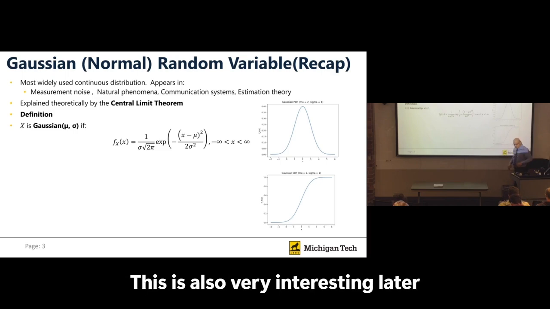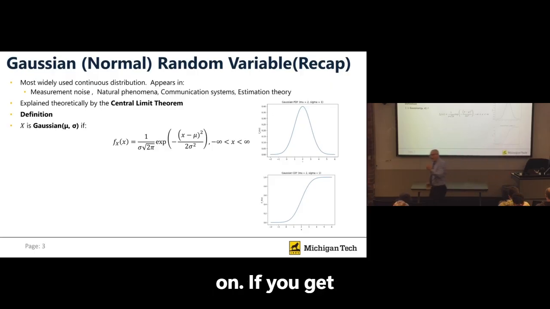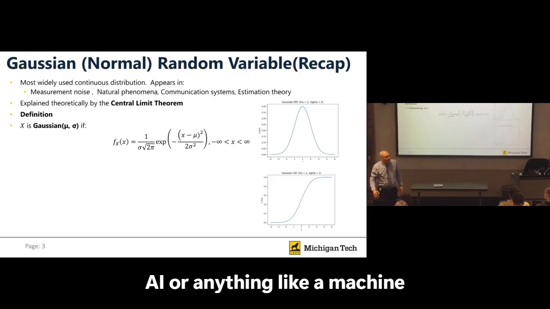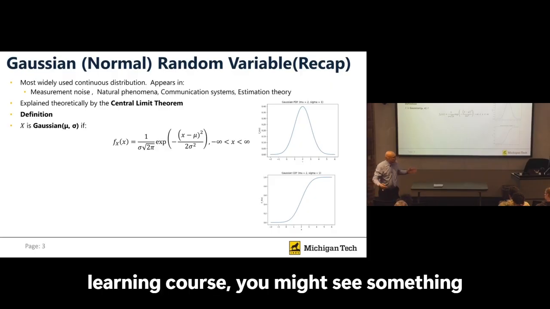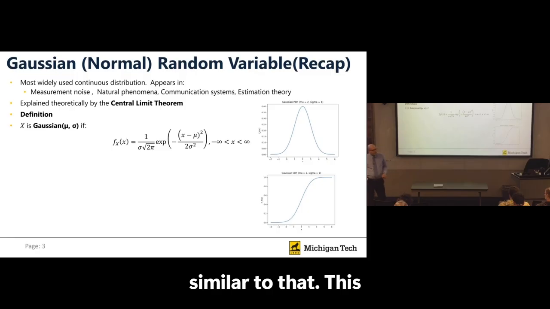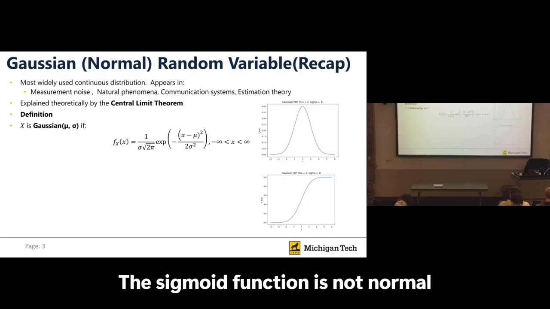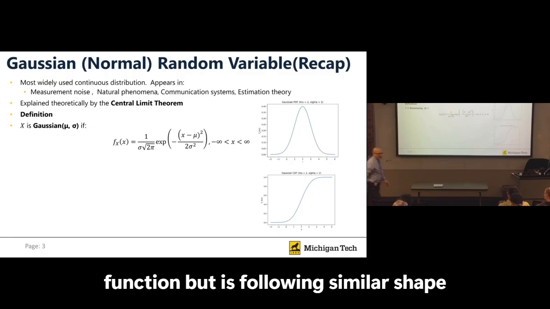This is also very interesting. Later on, if you take an AI or machine learning course, you might see something similar to that. It's called the sigmoid function. The sigmoid function is not the normal function, but it follows a similar shape.